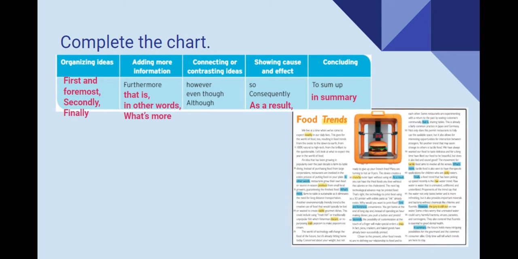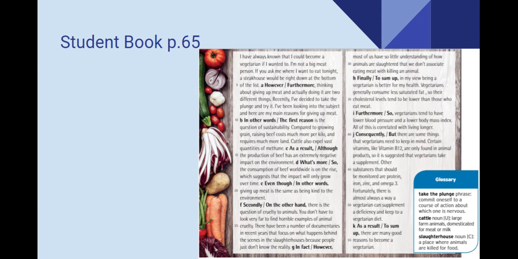Great job. Okay, now please go back to page 65. Here, you're going to complete this article with the correct linkers. Let's do the first one. I have always known that I could become a vegetarian if I wanted to. I am not a big meat person. If you ask me where I want to eat tonight, a steakhouse would be right down at the bottom of the list.